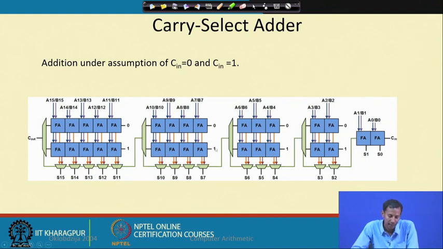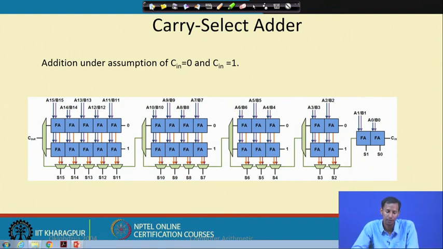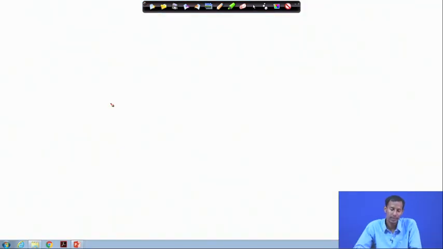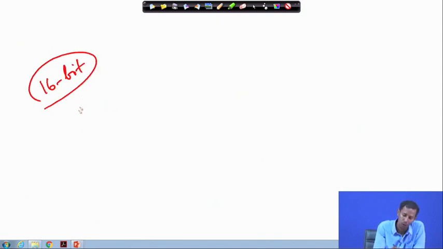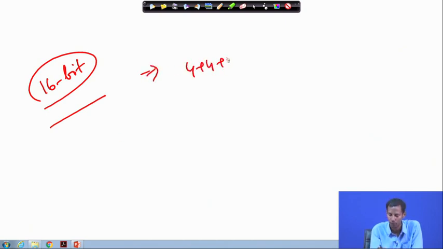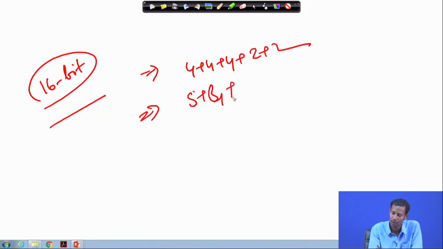It depends on how we distribute this 16-bit operation. You can distribute it as 4 plus 4 plus 4 plus 2 plus 2, or 5 plus 4 plus 3 plus 2 plus 2.